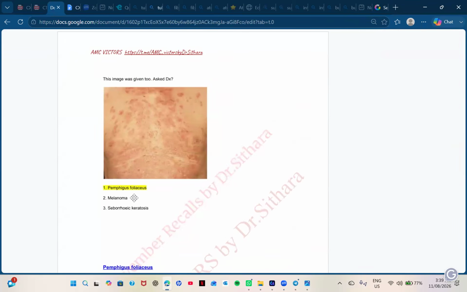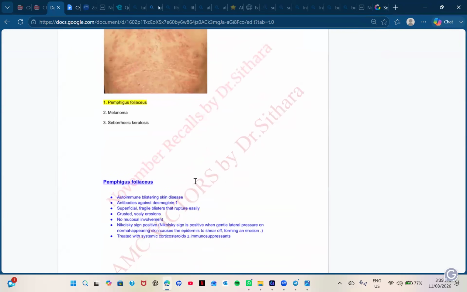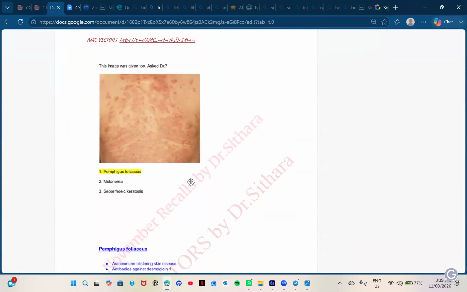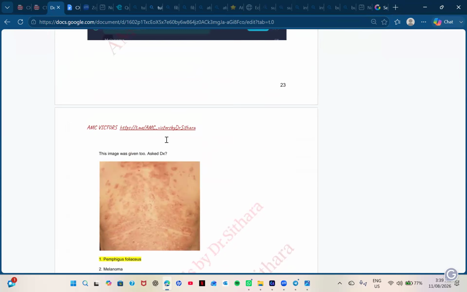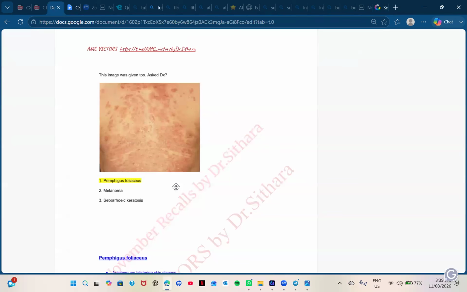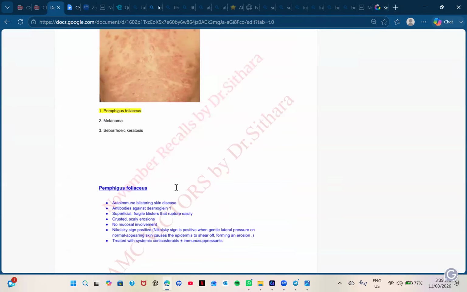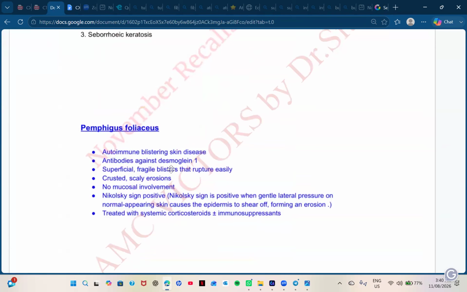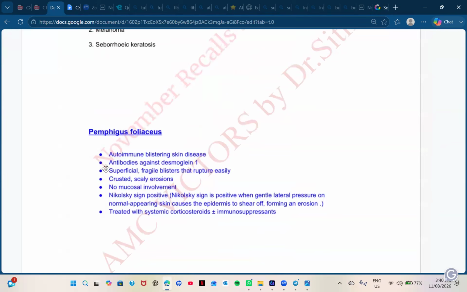What do you know about pemphigus foliaceus? What is pemphigus foliaceus? Pemphigus foliaceus is an autoimmune blistering skin disease with antibodies against desmoglein 1.